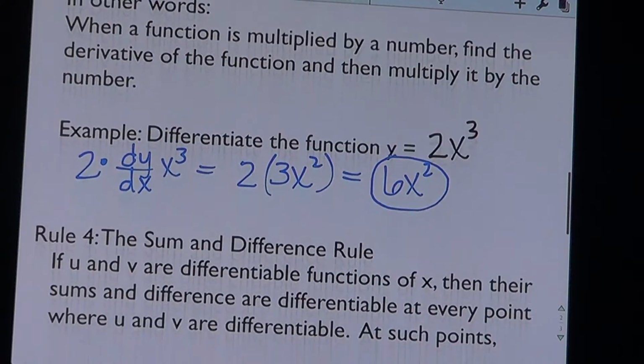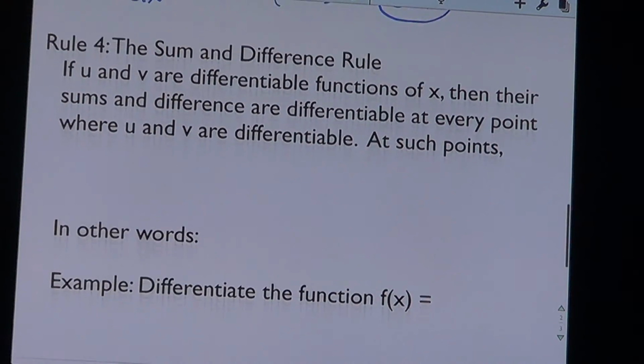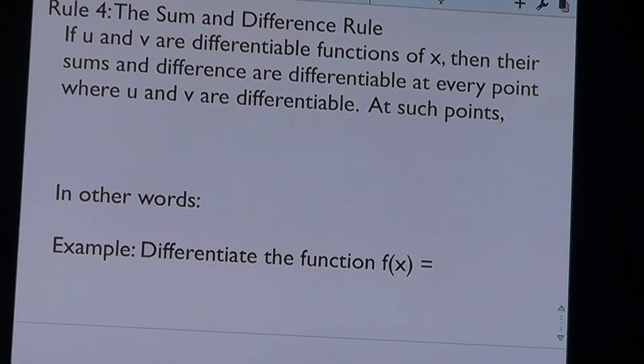Okay, and the last rule that we're going to do today is the sum and difference rule.